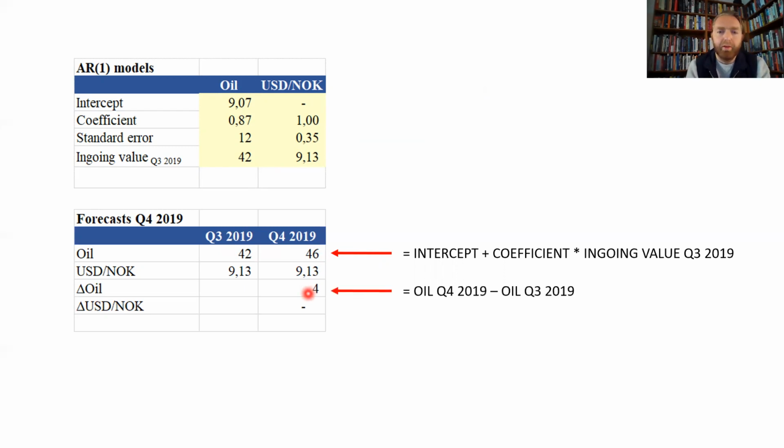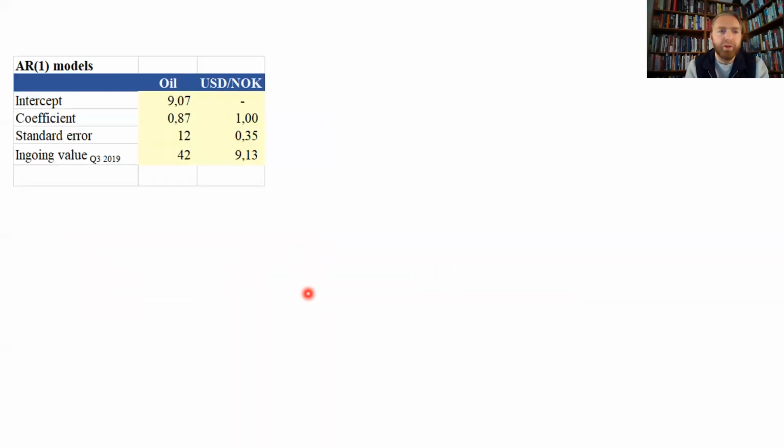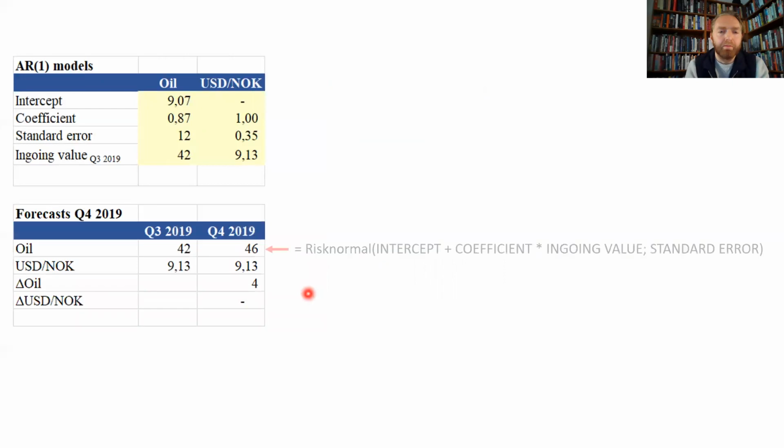All right, so that's all very straightforward, and we do the same thing for the exchange rate, and we're good to go. But since we want to simulate, we're also going to turn this into a risk function. We use this feature in @risk, and what we just did was to generate a forecast. So this is the forecast, and then we take the standard error as a proxy of the magnitude of uncertainty around that forecast.